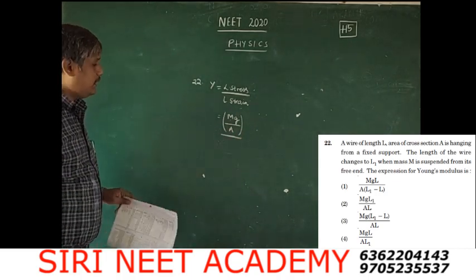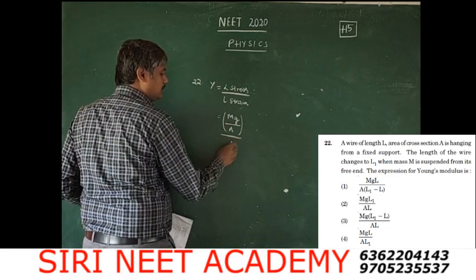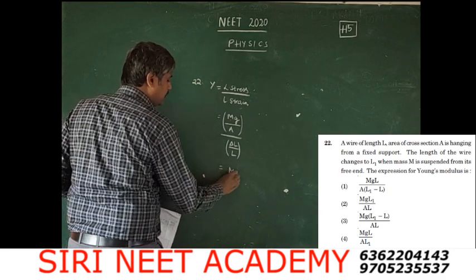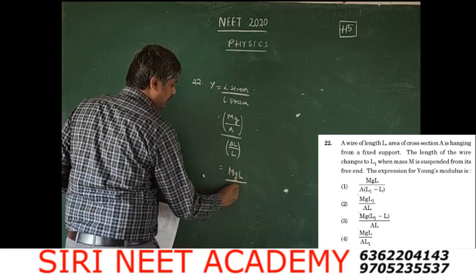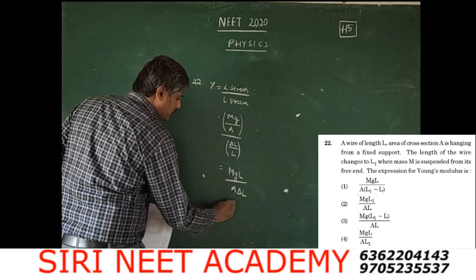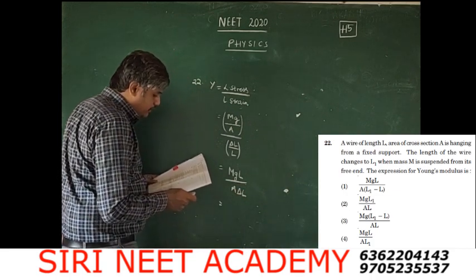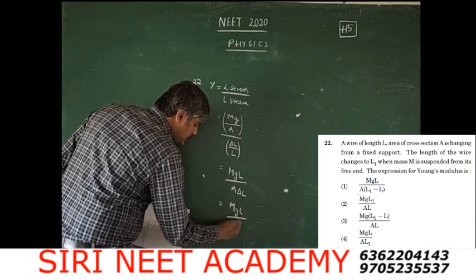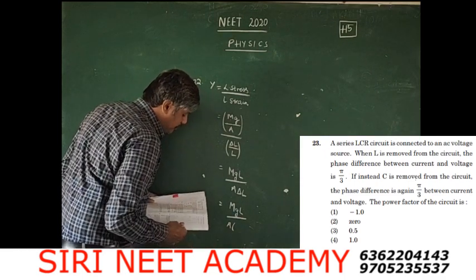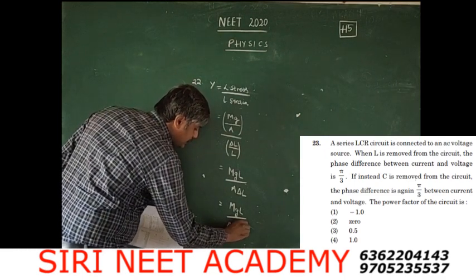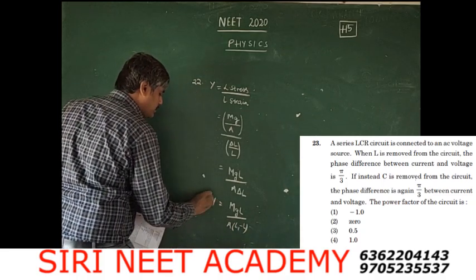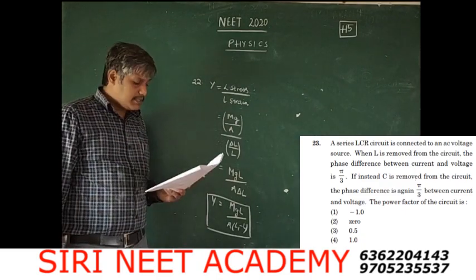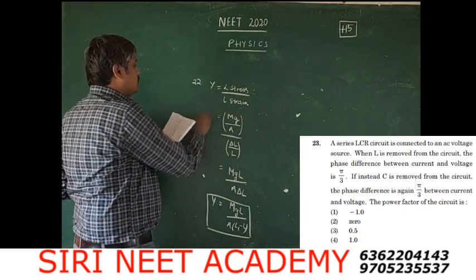Longitudinal strain is the change in length by original length. So that is given by mgL by A del L. The initial length is given to be L only, the new length has become L1, so this is the change in length. So this is the Young's modulus. The option corresponding to this answer is first.